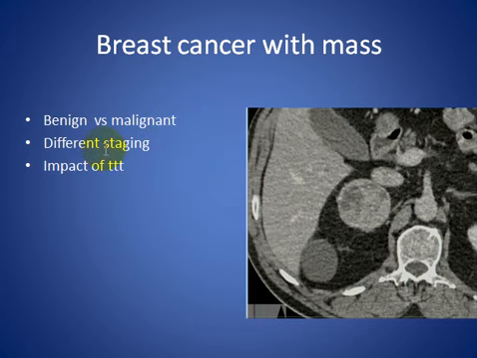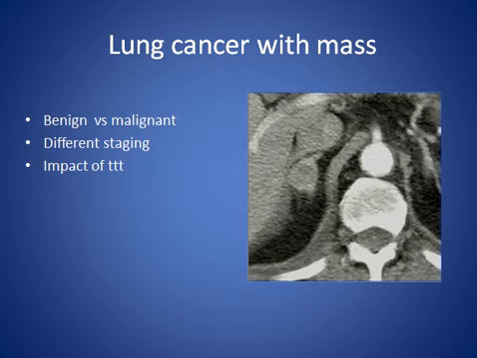Because it means different staging and it will impact on treatment. As we see here, right adrenal mass with enhancing. Also here, this patient with lung cancer with mass lesion on the right adrenal gland: is it benign or malignant? If it is malignant, it will give different staging. It will impact on treatment.